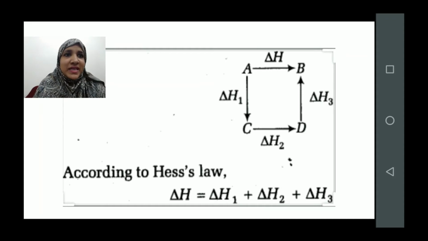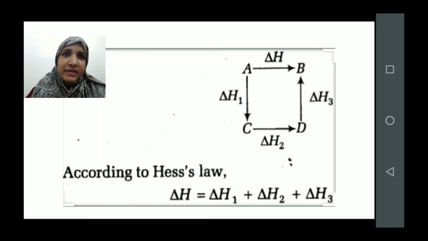Let's take one very simple example. Suppose there is a reaction where A is converting to B. This conversion of A to B can occur in a single step, or it may occur in several steps where A will first convert to C, then C converts to D, and then D converts to B. So this conversion is possible in two different ways.